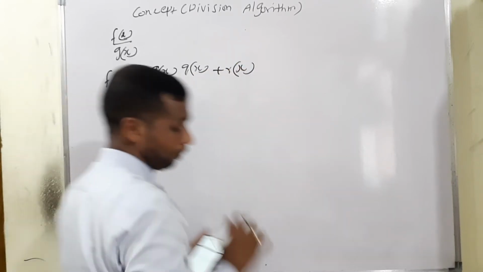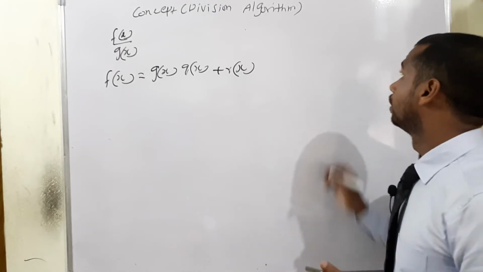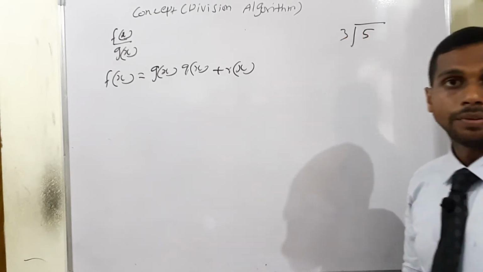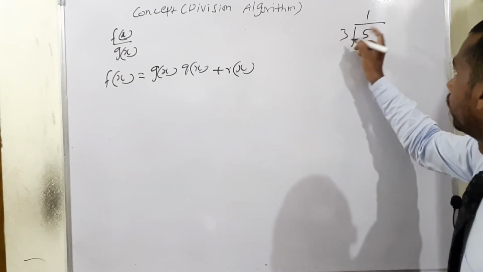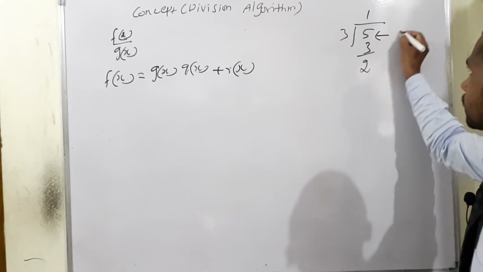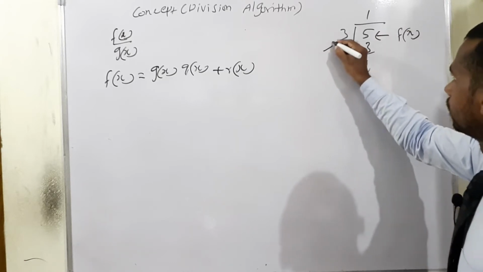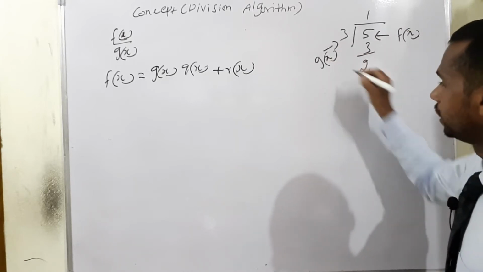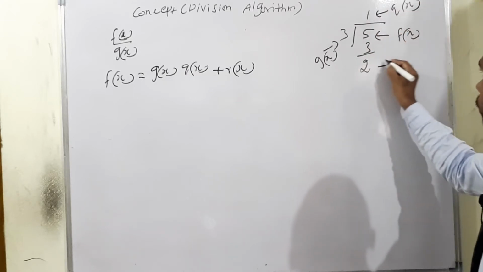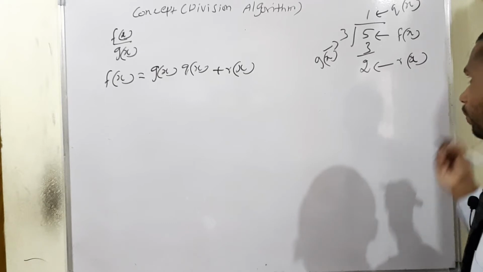For example, how to make this? Suppose 5 divided by 3, okay. What will happen? 1 times 3 is 3. 5 minus 3 is equal to 2. Here 5 is considered as f of x, and 3 is considered as g of x. We already know this is the quotient, called q of x. And this we can take as r of x.